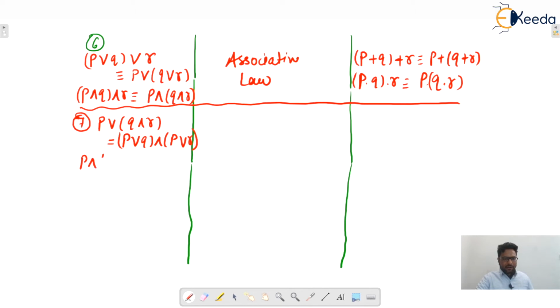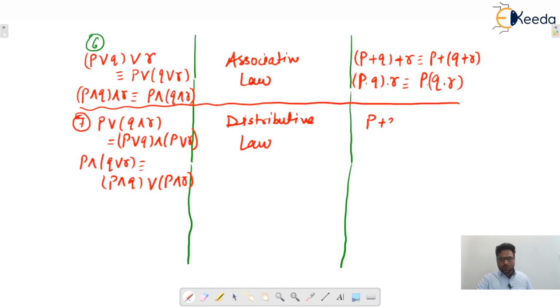Similarly, P and Q or R is equivalent to P and Q, or with P and R. So we can say that this one is your distributive law. In Boolean algebra, we can represent this as P plus QR, which is equal to P plus Q dot P plus R, isn't it?